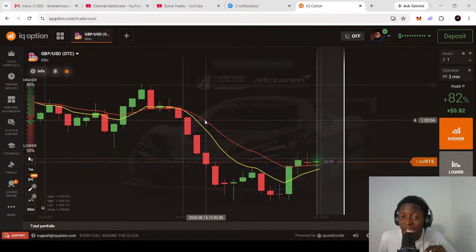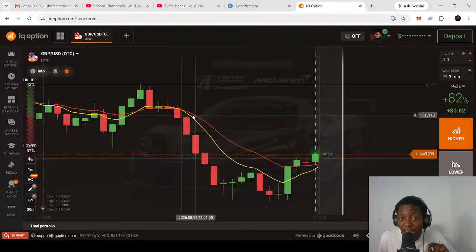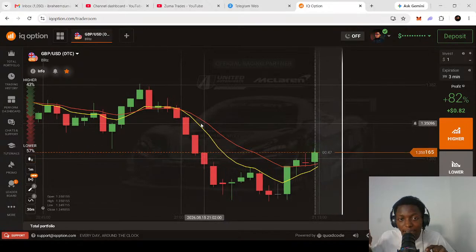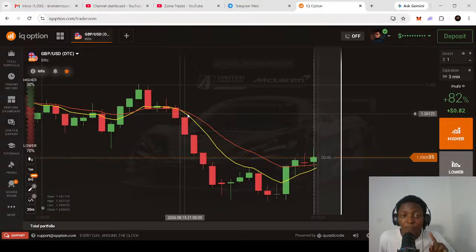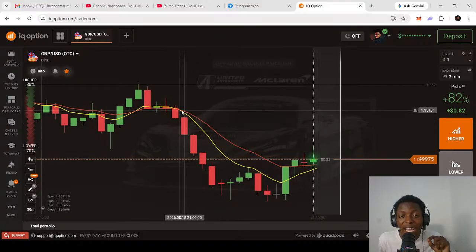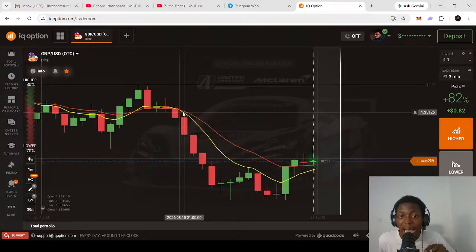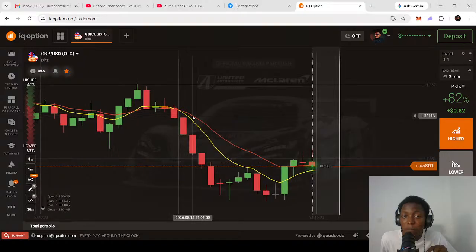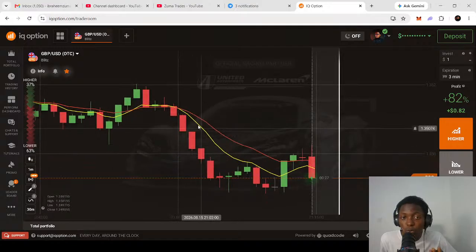So when the red moving average crosses above the yellow moving average in a downward direction, it is indicating that the market is going to start going down, and it is time to sell. And not just that, but you have to make sure that the moving averages are above the candle. When the moving averages are above the candle, it means that the market will start going in a downward trend, or a bearish momentum. So that is what we are looking at.